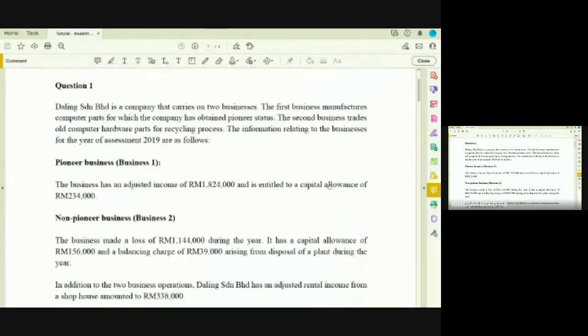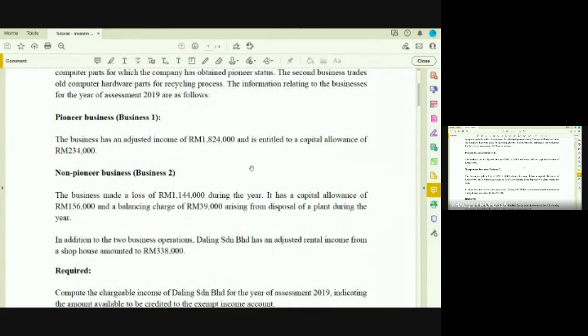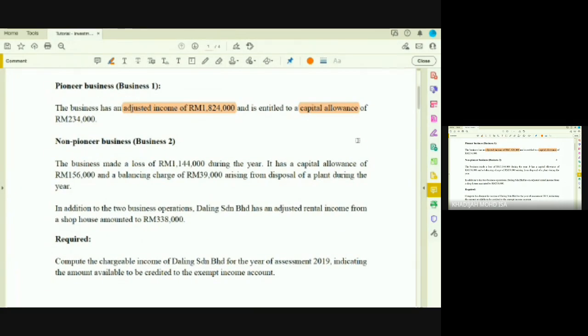For the pioneer business, business 1, the business has an adjusted income of 184,000, and you also have a capital allowance. For the non-pioneer business, business 2, there is a loss of 1.144 million.